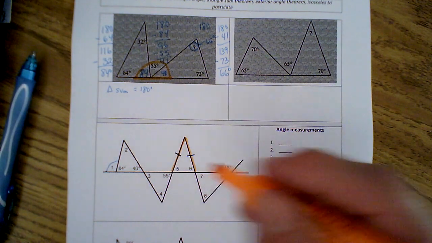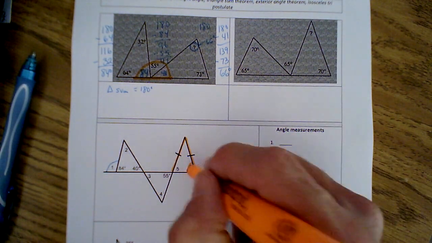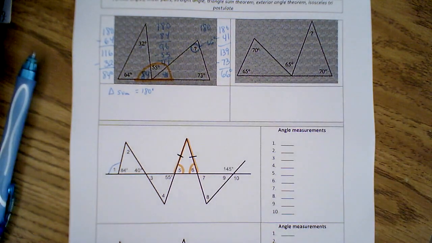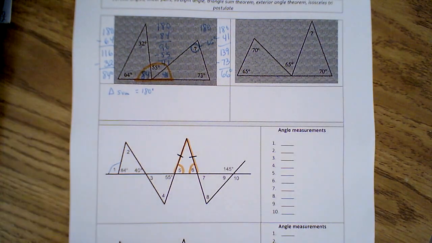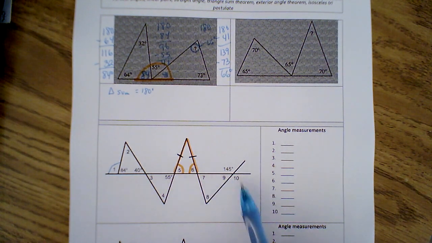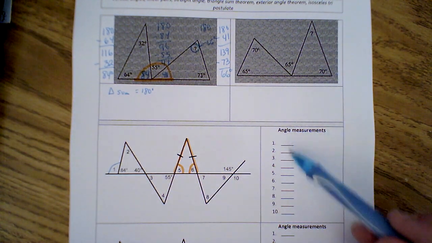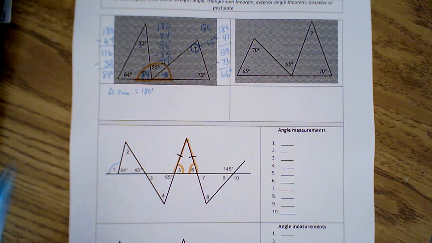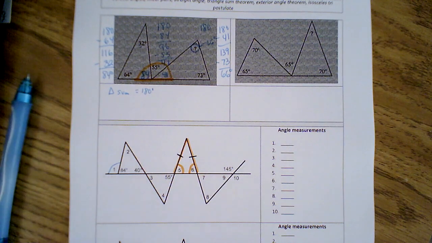And if you go to the isosceles theorem, that means that our base angles are the same measurement. And then 7, 8, 9, and 10, quite a few angles. And we're going to put the answers over here. But I'm going to do the math reasonably quickly, and I will show you how we do it.